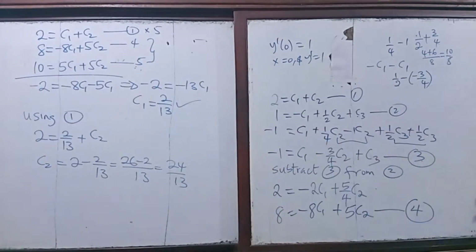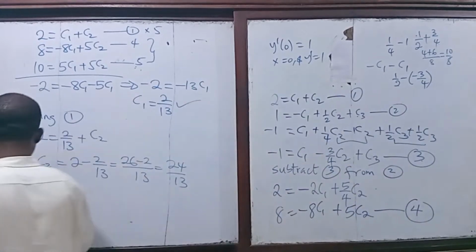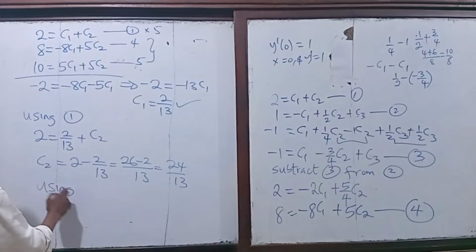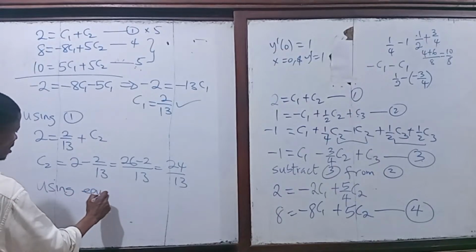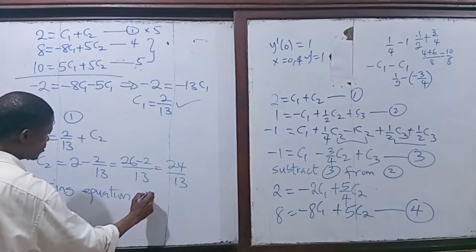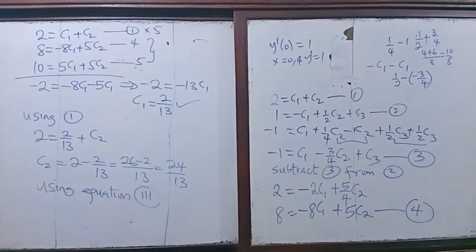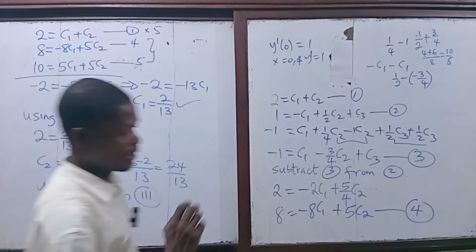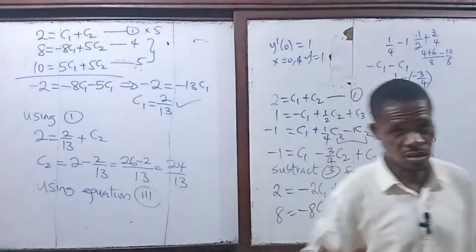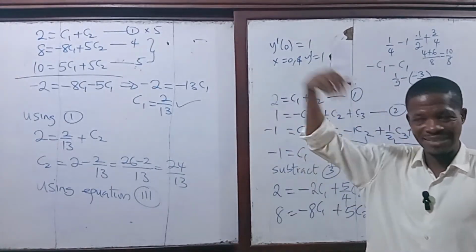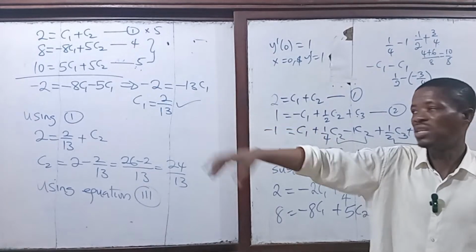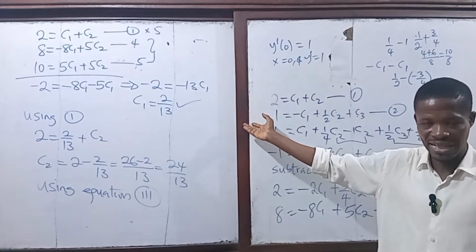Finally, let's look for where there is a C3. Where we have C3 is equation 3. Using equation 3, we get the C3. I want to say, this question is very tough, it's long. This is an exam question somewhere else, this is an assignment somewhere else.